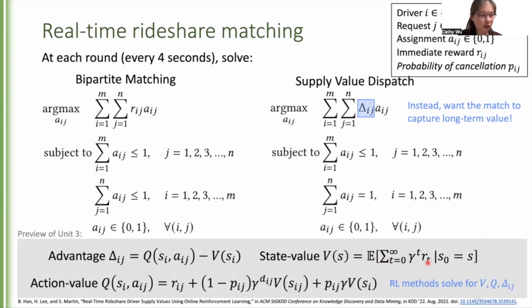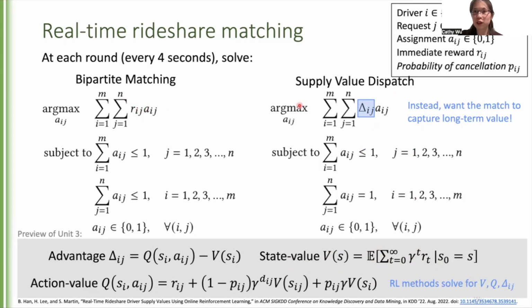In this case, we have discount in the sense that we care about future rewards less than we care about present rewards. So this delta that we introduced earlier, we basically said, well, the original reward here does not capture long-term value.